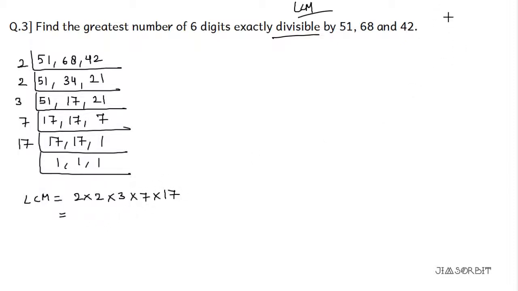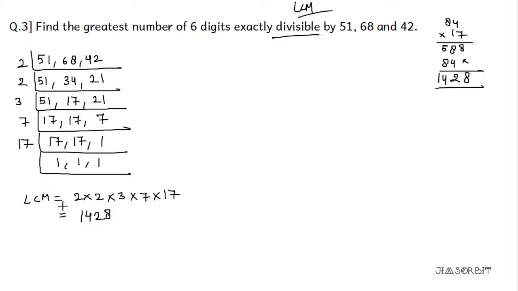Let us do that separately here. 84 into 17: 7 fours are 28, 7 eights are 56, plus 2 is 58, and so on, giving 1428. I hope I'm correct. You also check, I can also make mistakes. Fine, then it's right. So we write 1428. That is the LCM.